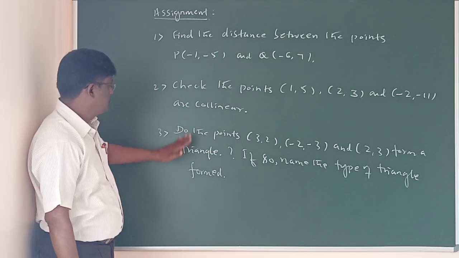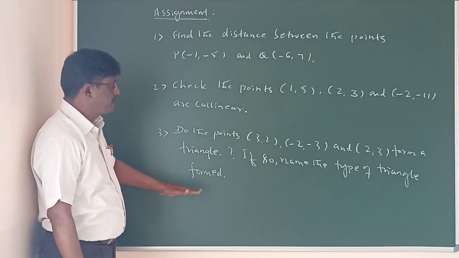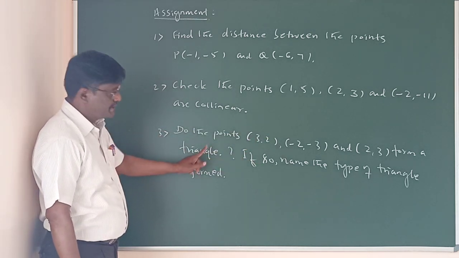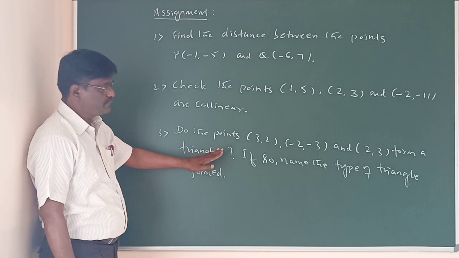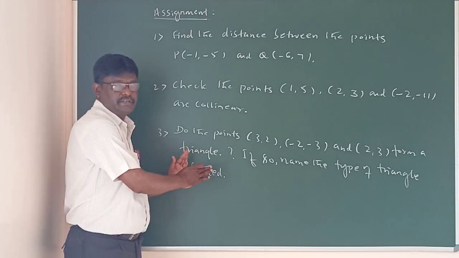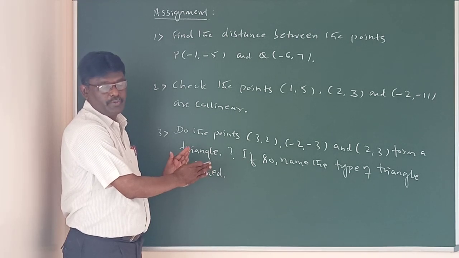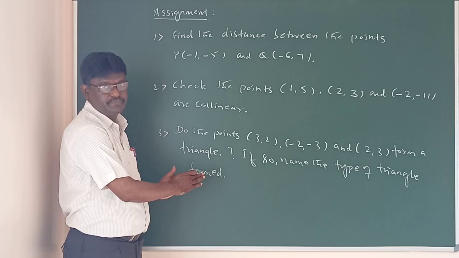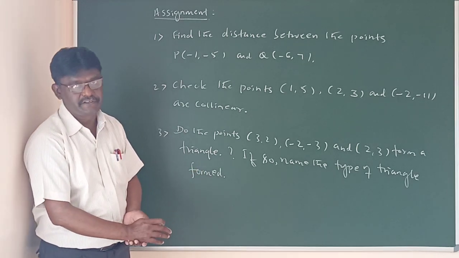You know how to do that. Do the points form a triangle? If so, find out what type of triangle. Okay, children. Sometimes we may have to check by using the Pythagoras theorem concept also. Okay, we will continue next class. Thank you.